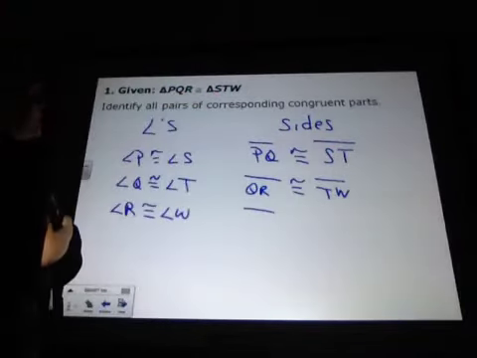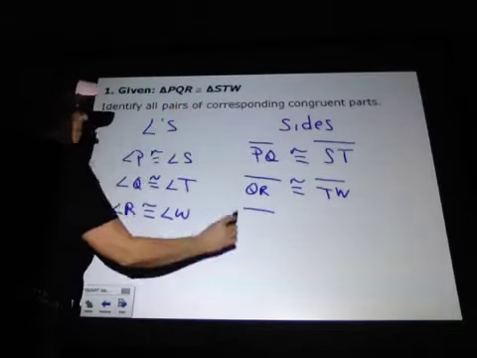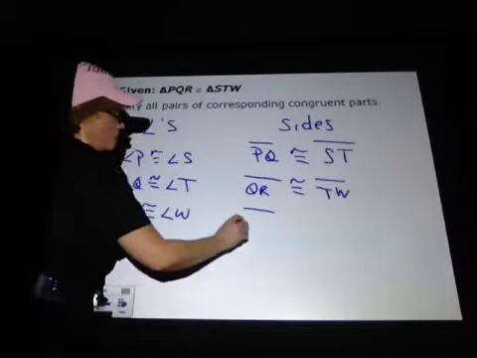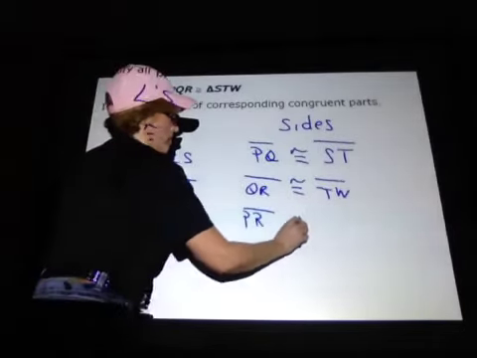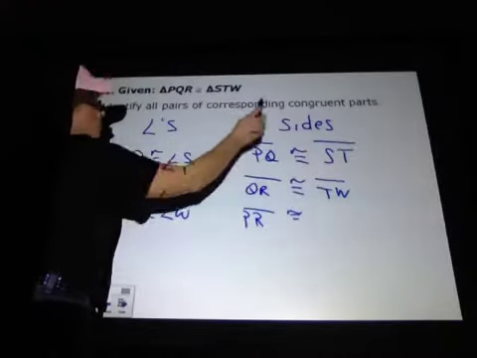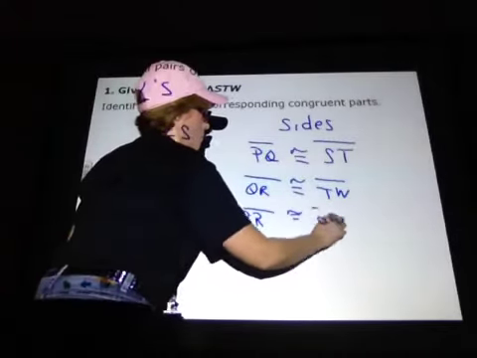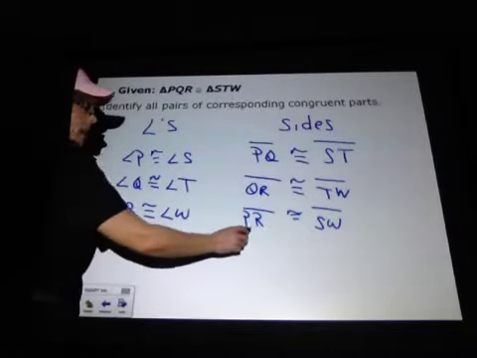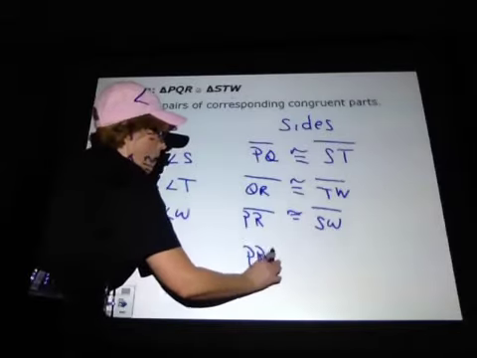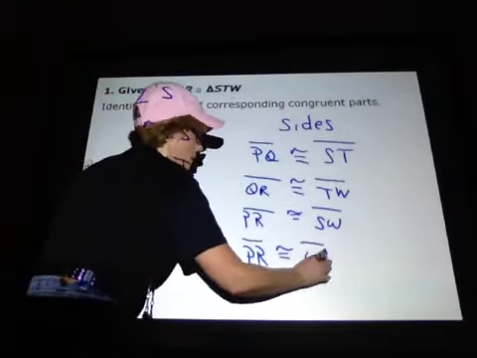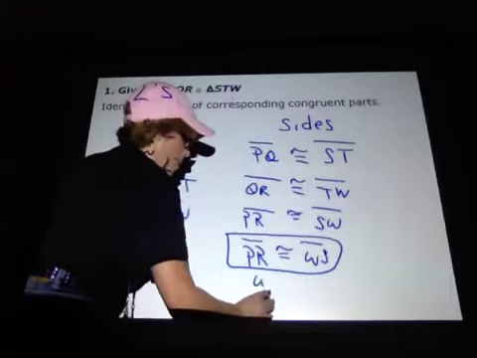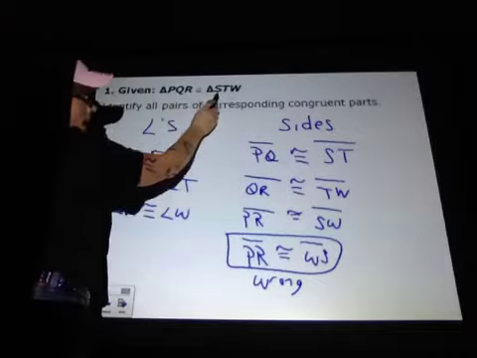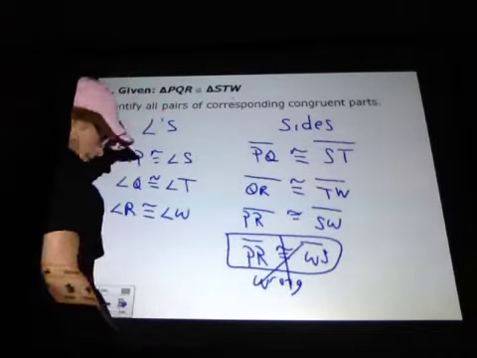So what do you think about our last side? Okay, I cannot say on this last one, PR is congruent to WS. This here is wrong. Why is it wrong? Because P corresponds with S, not W. Don't do that.